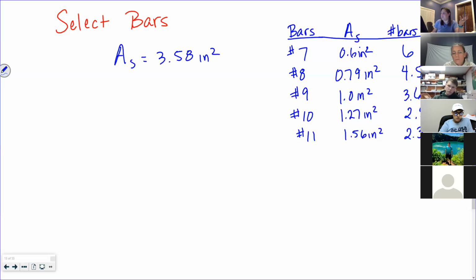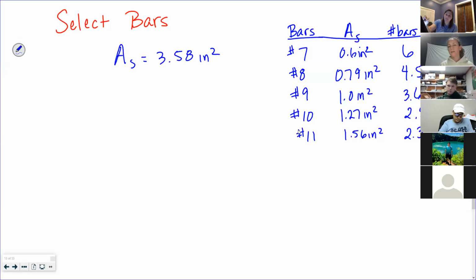It's just easier with one layer versus finding the centroid of a group. Maybe number 7s are easier to come by or something. I don't know. It's not an exact science. It's design. But I would choose 3 number 10s.